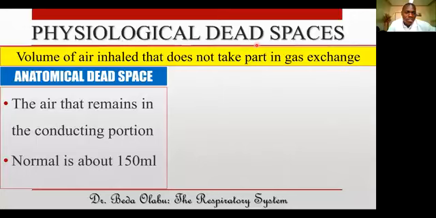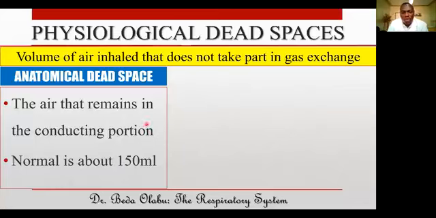I'm shocked some people have written 5.5 liters. Some people have written 125 ml. Others have written 2850. Anyway, so we agree that the normal tidal volume is 500 ml. And now out of that 500 ml that you're taking in, we are saying that 150 is remaining in the airways. So it means that 350 is the one that reaches the alveoli. Great.